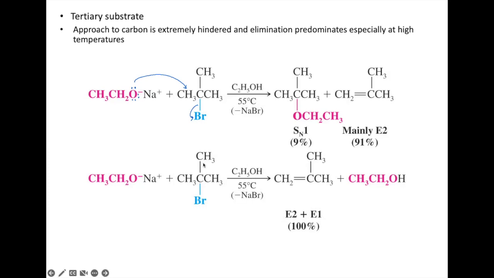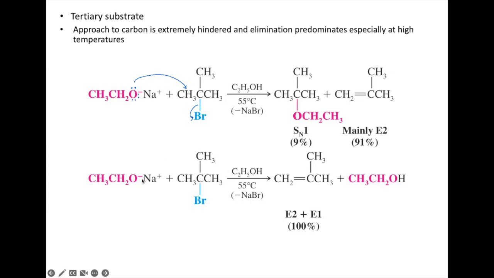may mali dito. Hindi, okay. So, in this case, bakit naging 100% E2 plus E1 and then you have your alcohol? Well, what happens here is parang may mali dito sa aking reaction.